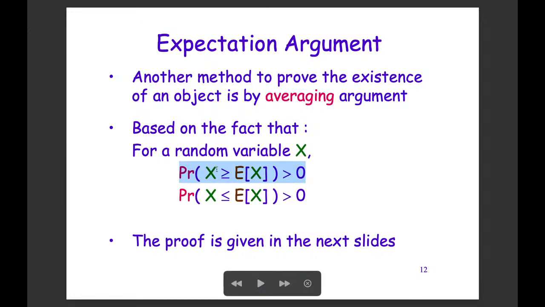For any random variable x, the chance that x is greater than or equal to the expected value of x has to be non-zero. And similarly, the chance that x is less than or equal to the expected value of x has to be non-zero. The proof is really easy. We can prove it by contradiction. Remember, the equal sign here is important, so we must include the case that x is equal to the expected value of x.